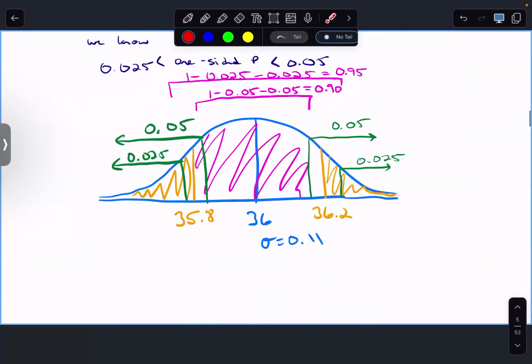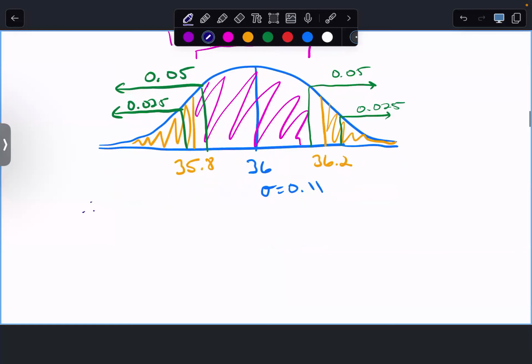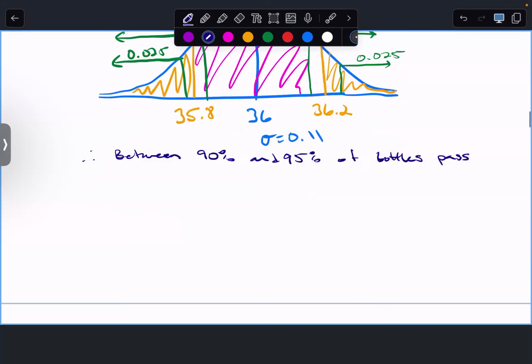It'll tell you. So therefore, between 90% and 95% of bottles pass quality control.